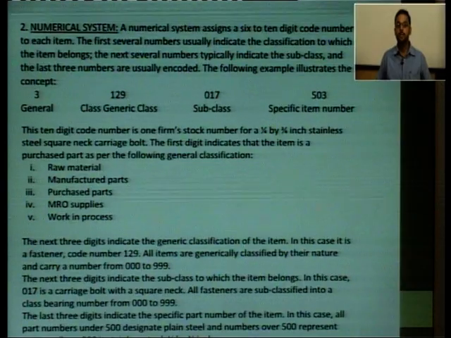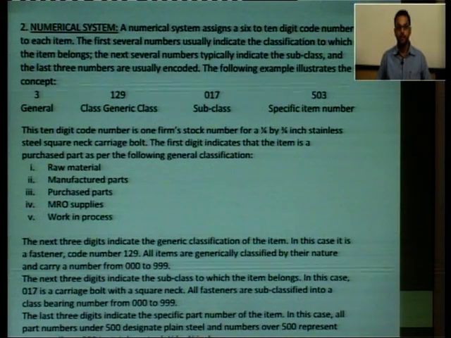Suppose there is a number 312901750. This is a 10 digit number. The first digit 3 is the general item number. 129 is the generic class number. 017, the 5th, 6th and 7th digits, is the subclass number, and the last 3 digits, the 8th, 9th and 10th, are the specific item number.